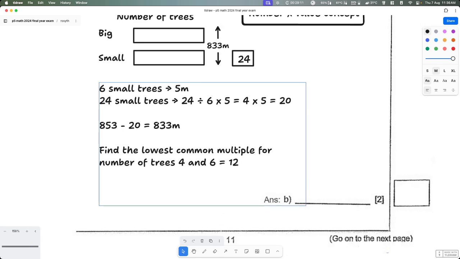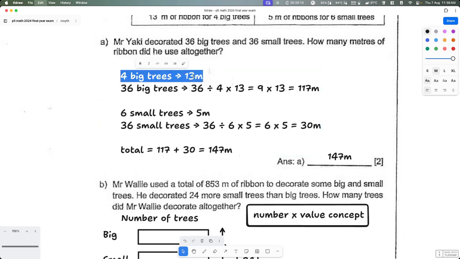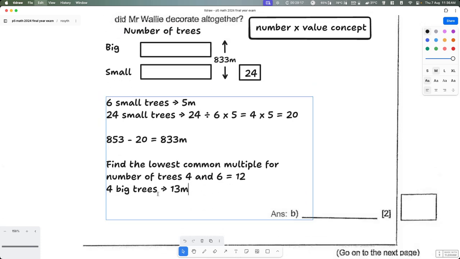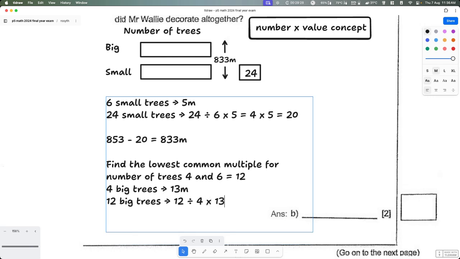So we know 4 big trees is equal to 13 meters. 12 big trees is 12 divided by 4 times 13, and this will give us 39 meters. We know 6 small trees is 5 meters. Then for 12 small trees, this is 12 divided by 6 and then multiplied by 5. This will give us 10 meters.